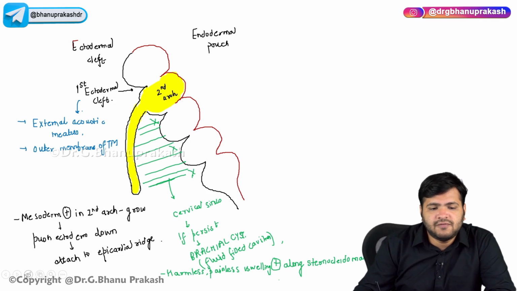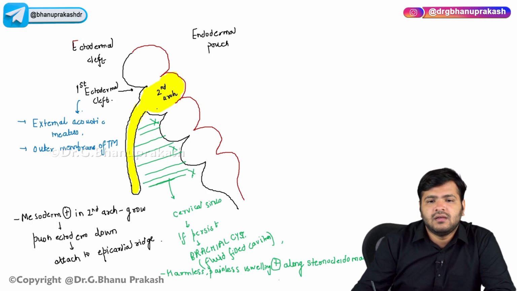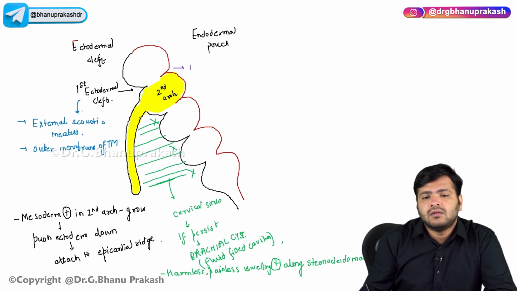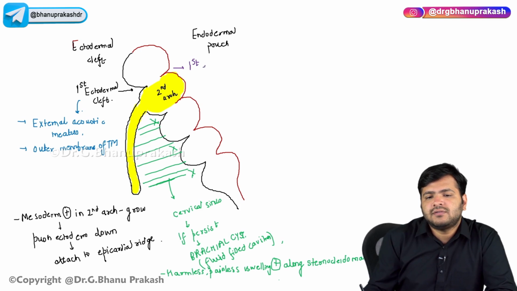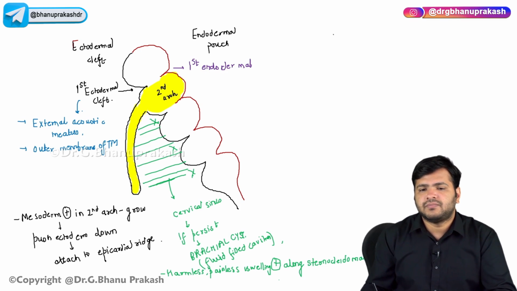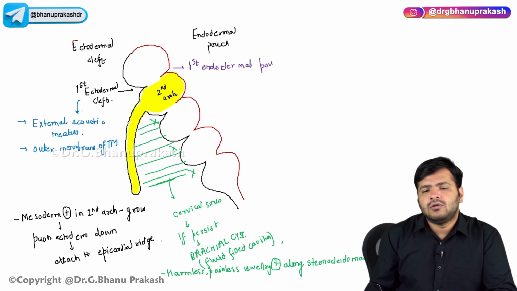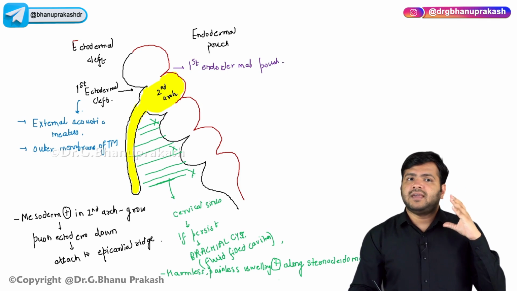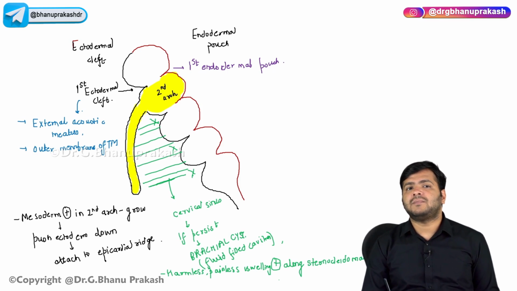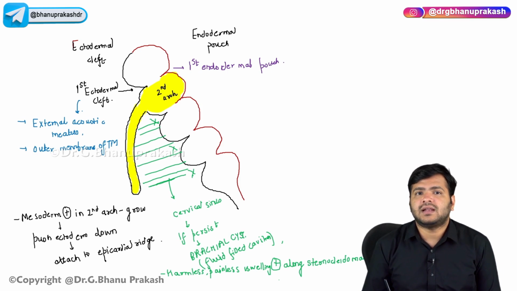Now coming on to the first endodermal pouch, right? This is the first endodermal pouch. See, the external ear, the acoustic meatus and the outer part of the tympanic membrane, are coming from the ectodermal cleft.